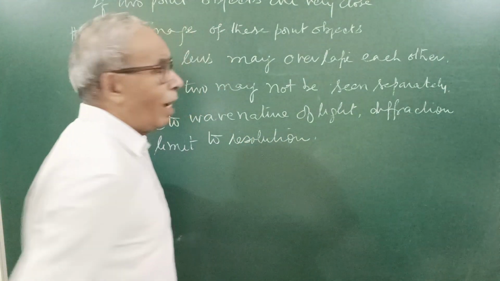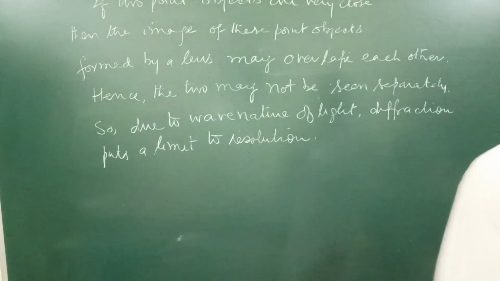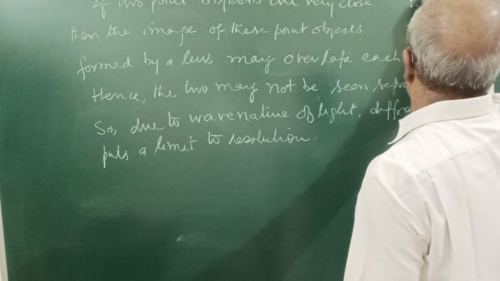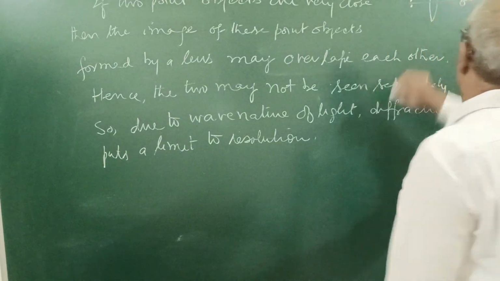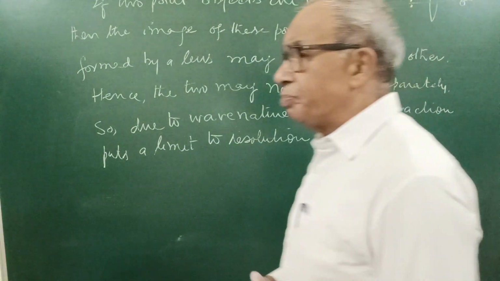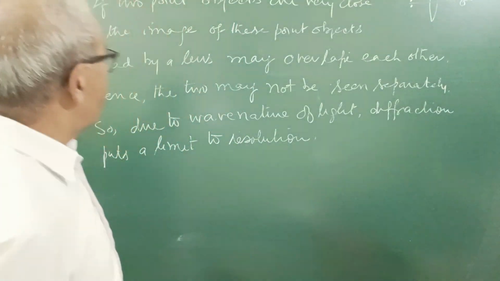This is a simple idea: these are two point objects here, the images formed by the lens are like this, and they may appear as one. So it is diffraction which causes the limit to resolution.